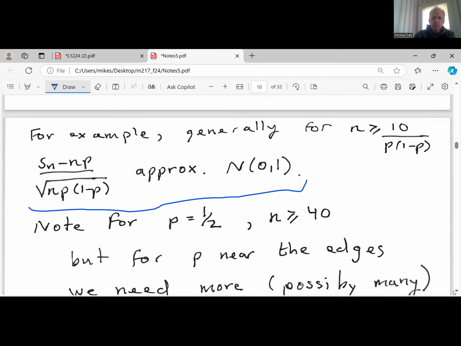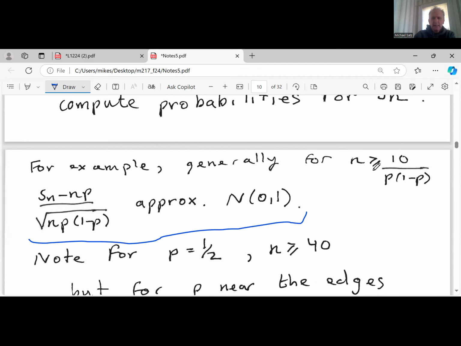The general rule is n should be greater than 10 over p times 1 minus p, so at least greater than 40.